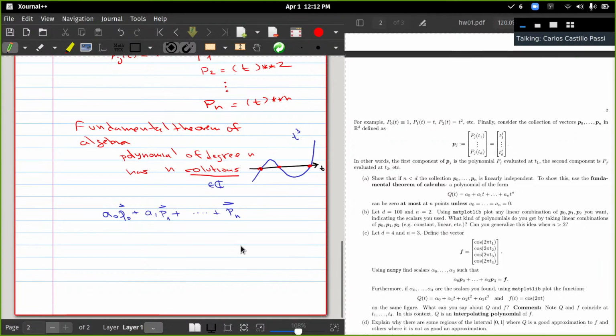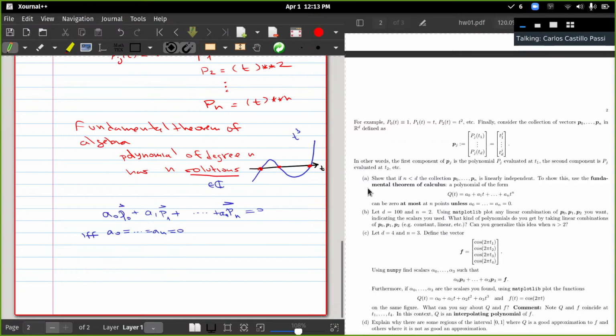So basically what I'm saying here, to prove that this is a linearly independent set, sorry, I forgot this An, I need to prove that this is equal to 0 if and only if all the coefficients A0 until An are equal to 0.